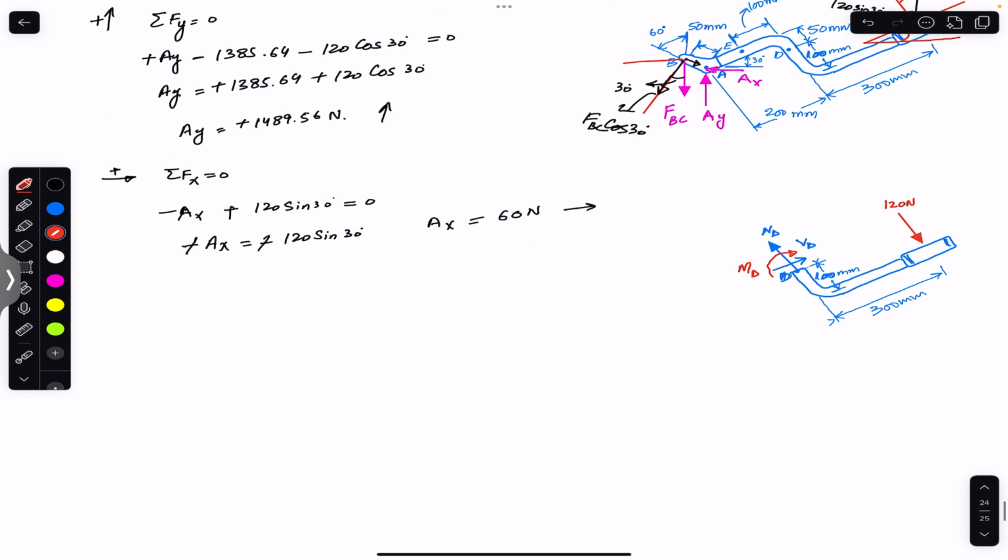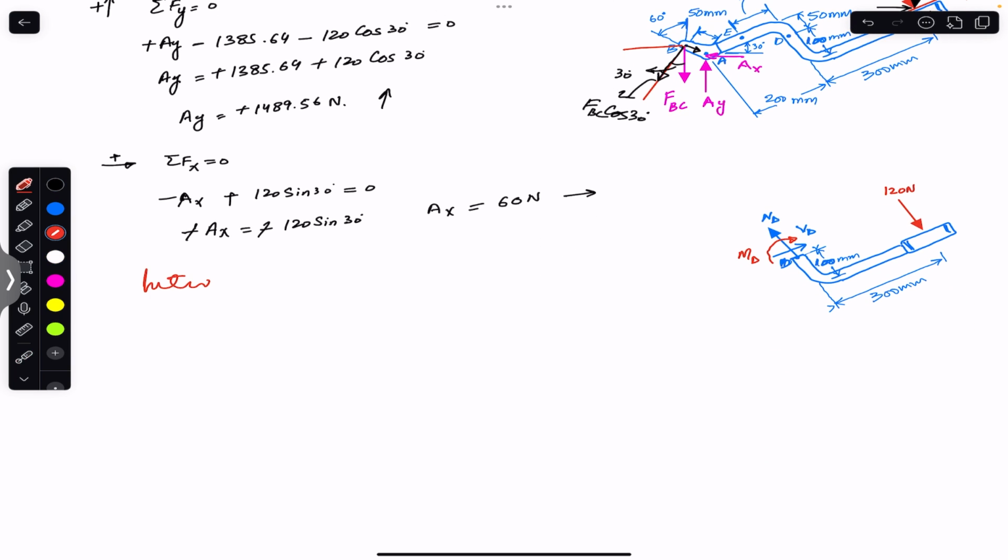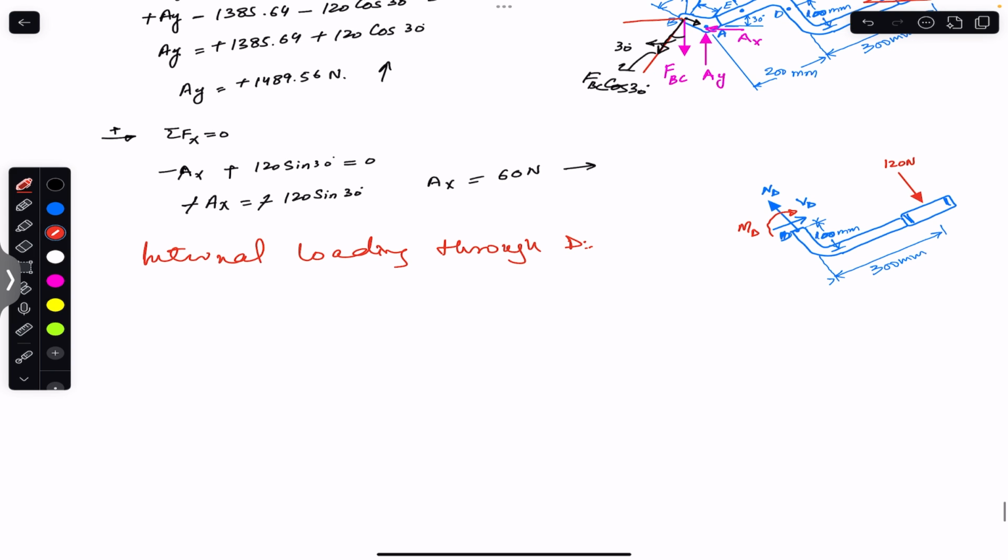So internal loadings through point D. So for that, if I apply the sum of the forces in the X, let's assume that this, along the axis of the handle, is our positive X, and in this direction is our positive Y. So the sum of the forces in the X must equal 0.